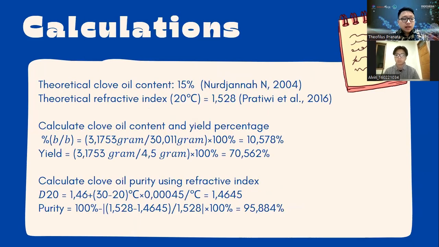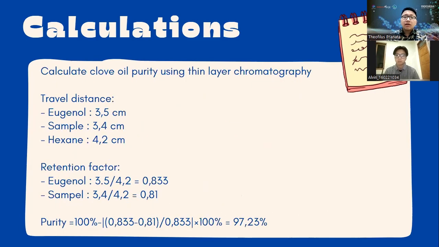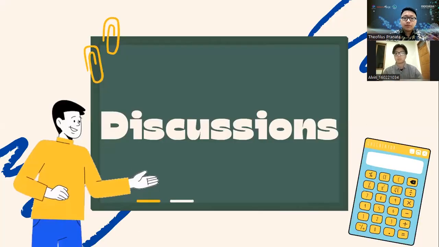Okay, here we can calculate the oil content and yield percentage, the purity using refractive index, and then we can calculate also the purity using thin layer chromatography. And here we calculate the retention factor, and then we compare it to know the purity.